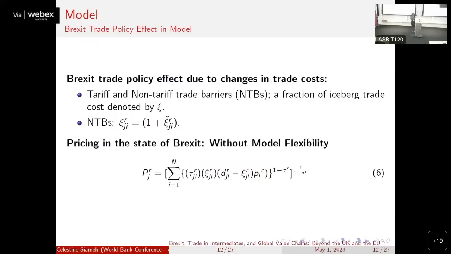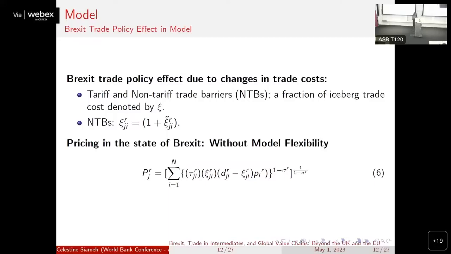So what I did was to calibrate my iceberg trade cost, and I assumed that a fraction of that is my non-tariff trade barriers, which I term the NTB. So when you look at the price, this is the tariff, this is the non-tariff trade barrier, and this is the iceberg trade cost.